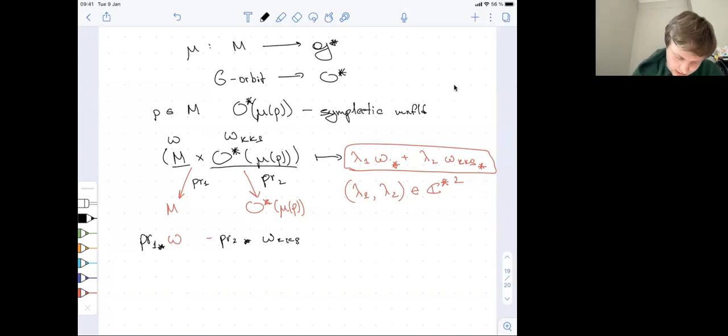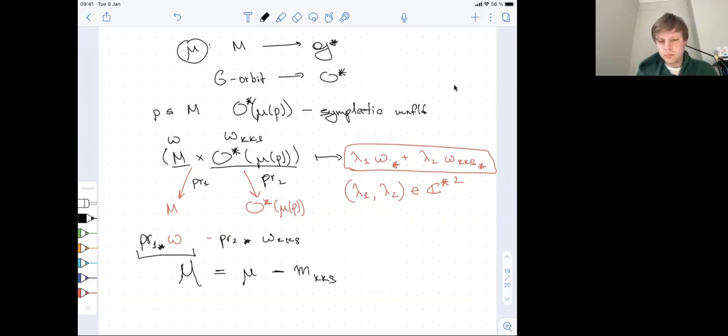Then this product will also be a Hamiltonian G space, and the moment map here, let me call it mu big, is just the moment map from here, my standard mu, minus, let me call it, the moment map of the constant Kirillov-Kostant-Souriau form. Okay?